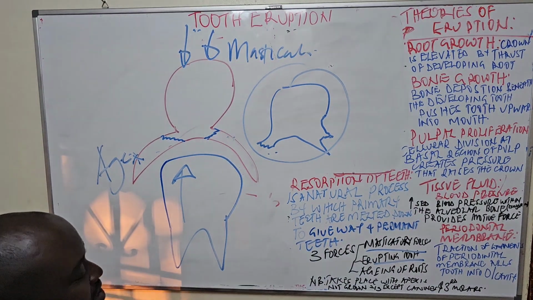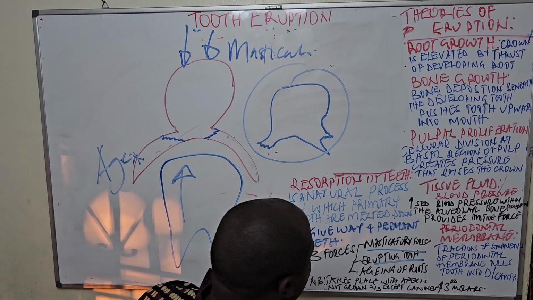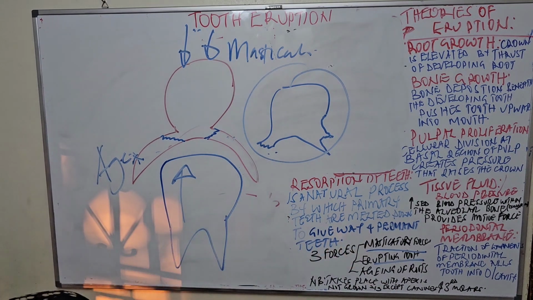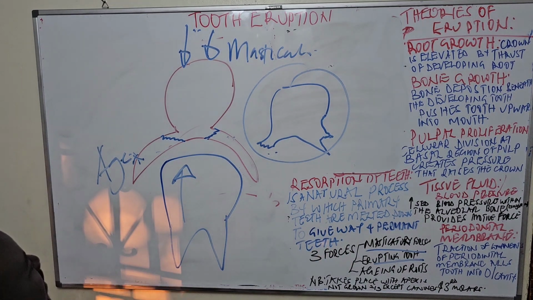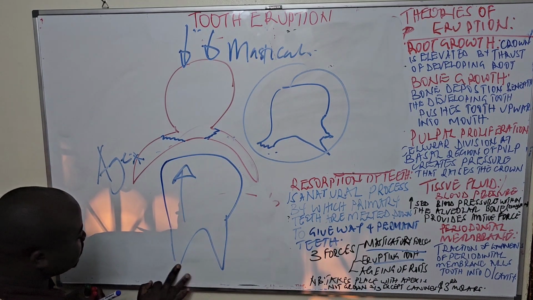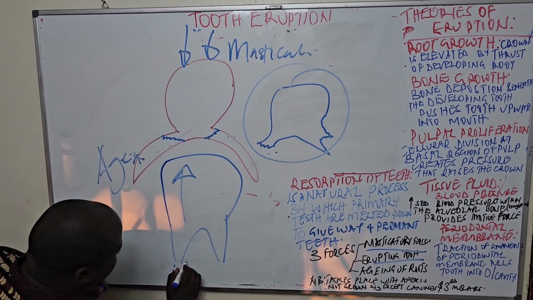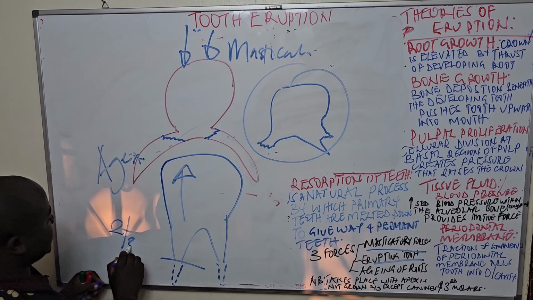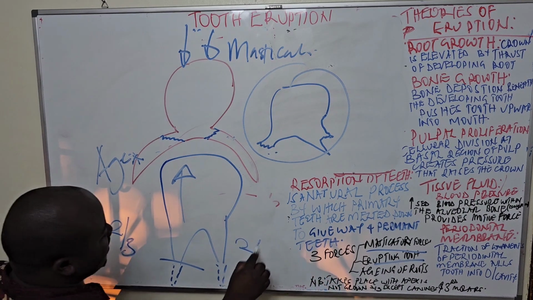We put NB that for any tooth to erupt and appear in the oral cavity, it is always going to be 2/3 of the root mature. 2/3 of the root.